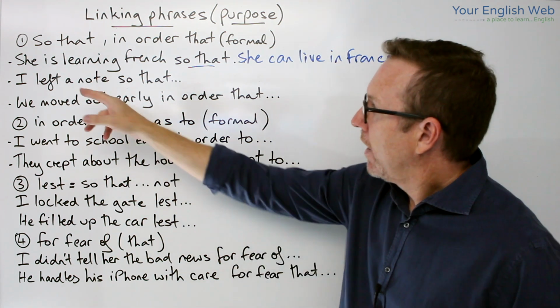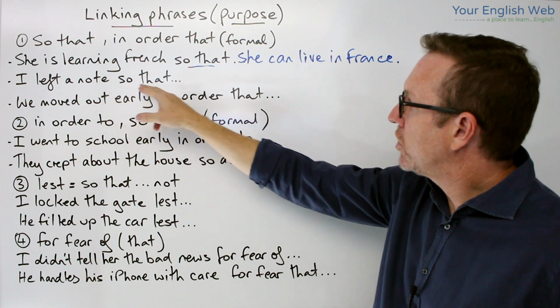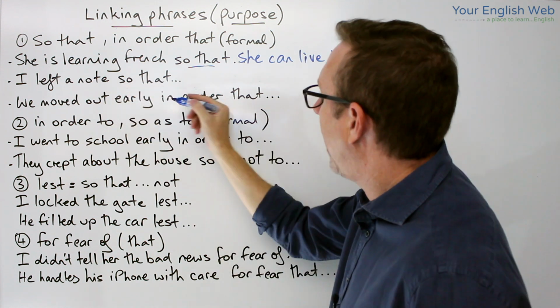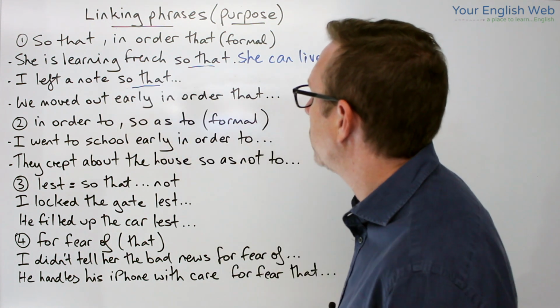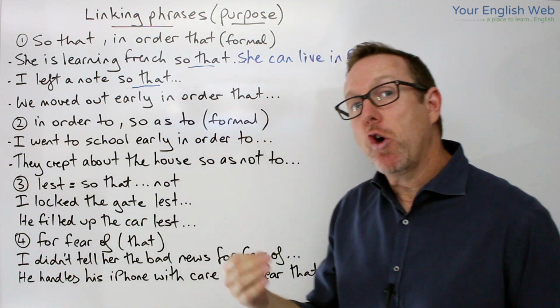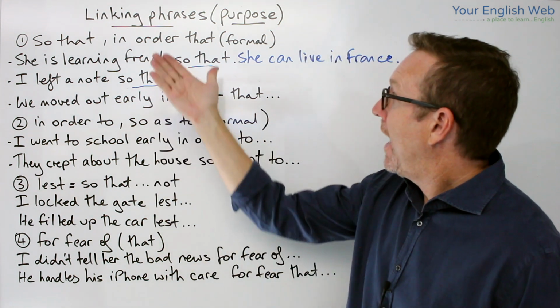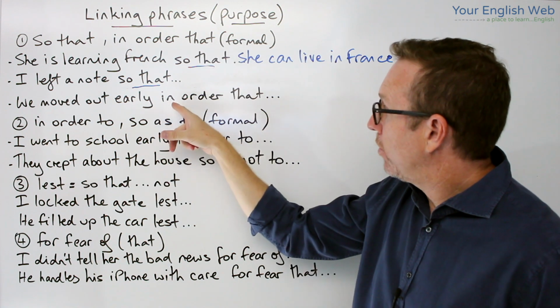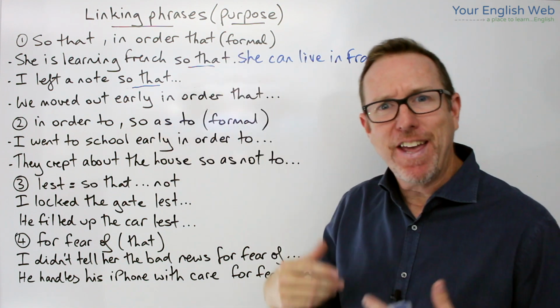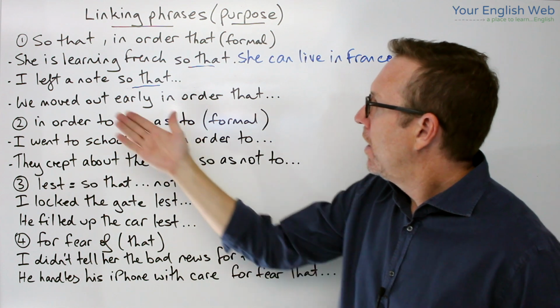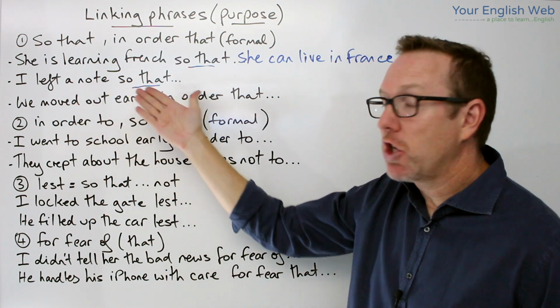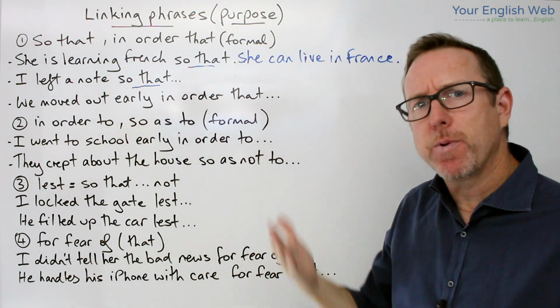Okay, the next one. I left a note so that. So here we have our linking phrase, again, so that. Now remember that so that is more common, and in order that, which is the next one that we'll see in a minute, is more formal, but they have the same meaning, okay? So I left a note so that, what was the purpose of the note?